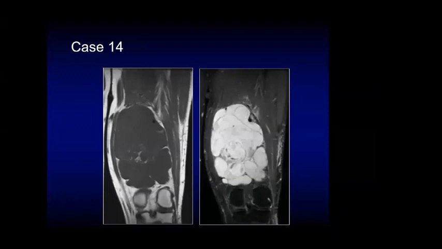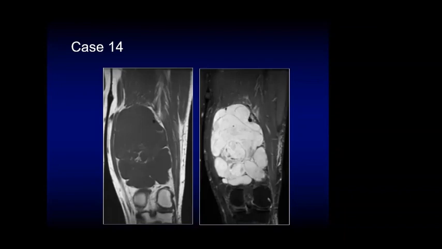Coronal section MRI, T1 and T2 fat saturation. There is, at the anterior compartment of the lower thigh, a multiseptated lesion, large size. Is there enhancement?